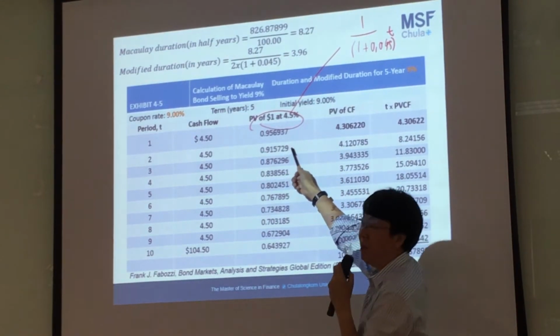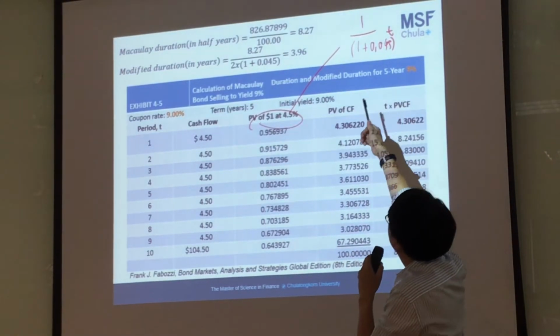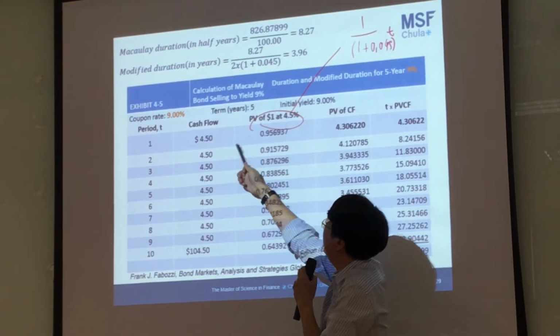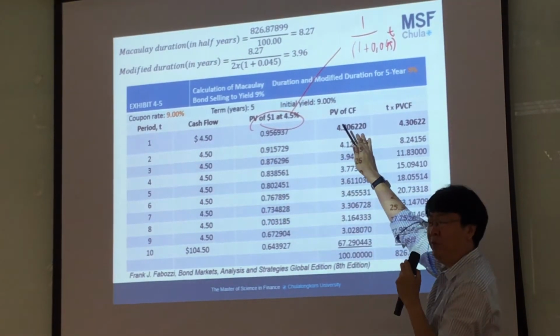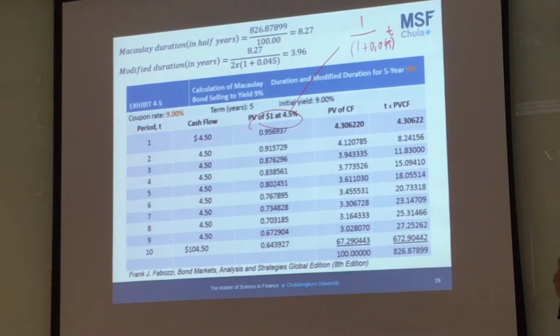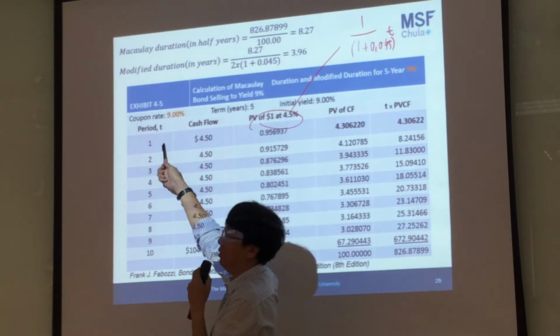This is 1 over 1 plus 0.045 to the power of 2. And when you get this, you multiply by this and you have the present value of the cash flow. Then the present value of the cash flow is multiplied by the time period.